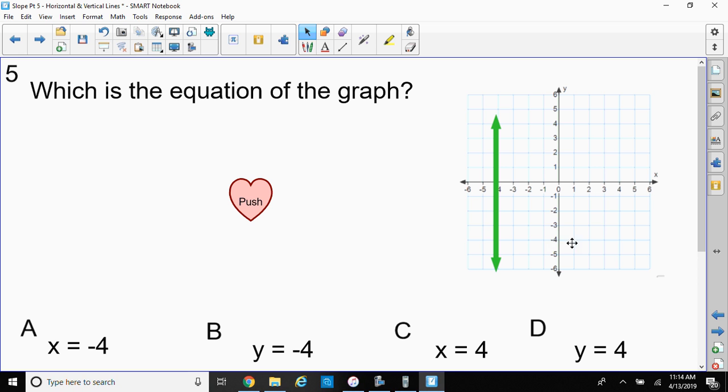It'd be going that way. Or x equal +4 or y equal +4. Those are over here. +4 is over here. So I'm going to go with choice A. Let's see. Good. Choice A is correct. So here's one for you. See if you can figure out that equation.